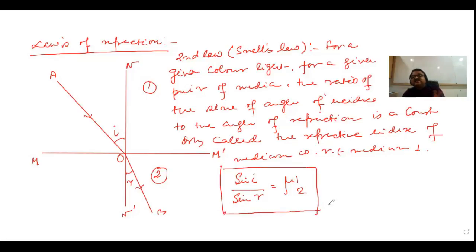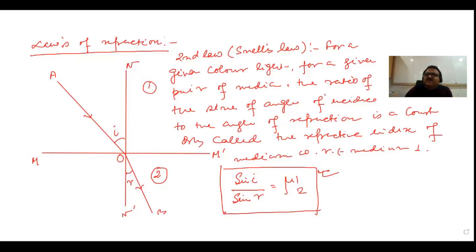And the entire concept of deviation related to refraction, you can understand in an absolutely fantastic way if you apply this law. Let me give a clear understanding of why, when light moves from rarer to denser, it bends towards the normal, why from denser to rarer it bends away, and why it falls normally without deviating, correct? So let me explain it.